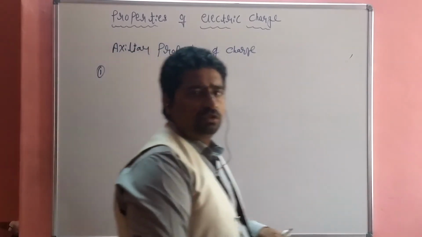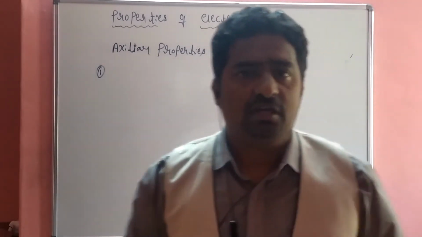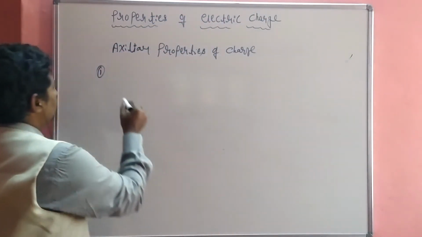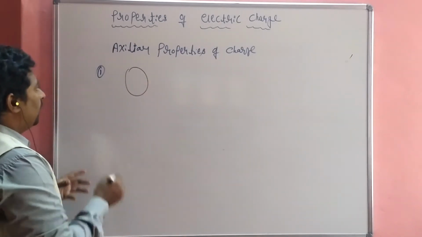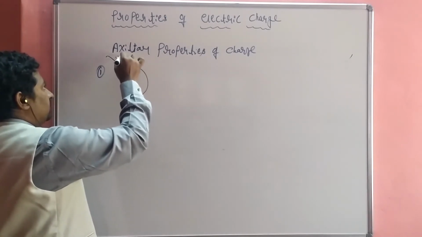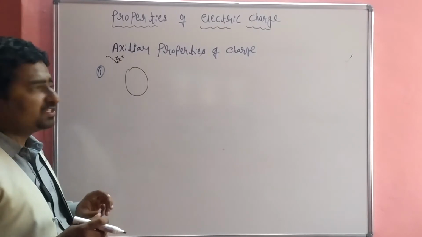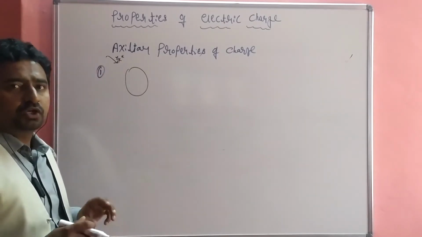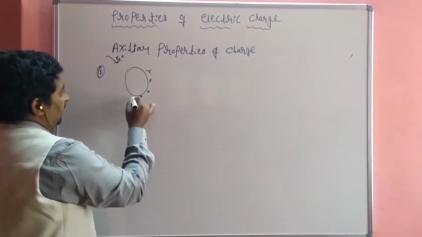First one: the charge resides on the outer surface of the conductor. For example, this is the conductor. You apply more charges, providing the charges from an external agency. Those external charges reside on the outer surface of the conductor.